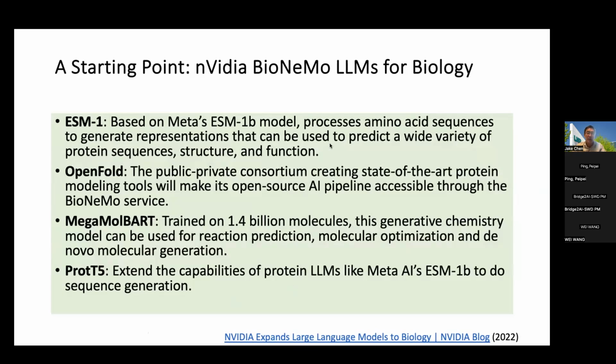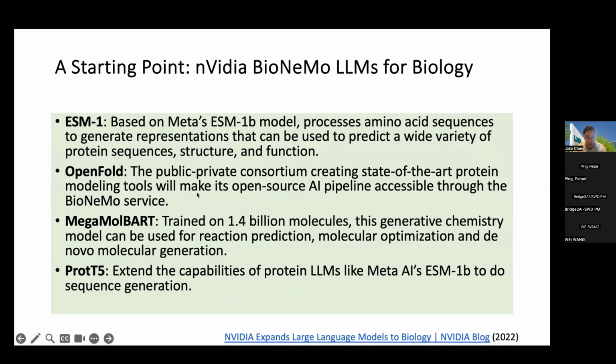So I also want to mention that in this area, the industry is leaping ahead. Right? For example, NVIDIA has BioNeMo, LLMs for biology. It has an LLM that allows you to understand protein sequence and structure. It would generate representations of protein sequences.